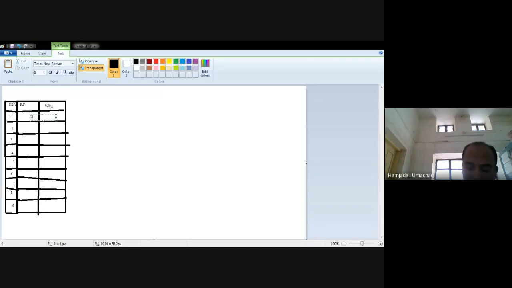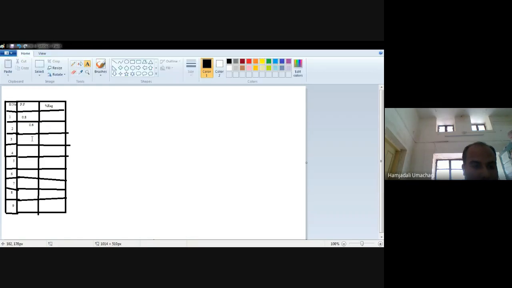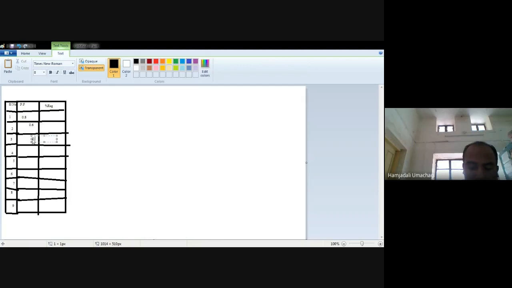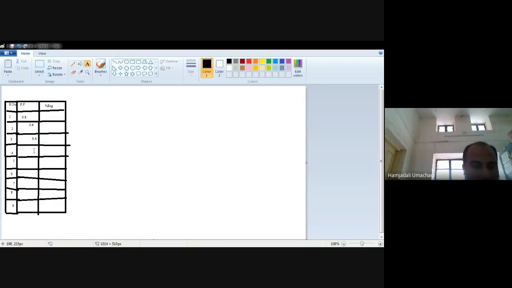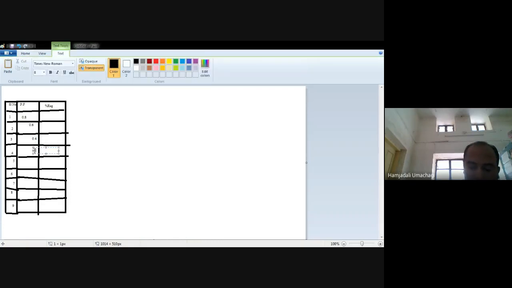And here the power factors given to you will be 0.8, and then 0.6, then 0.4, then 0.2. Then here cos phi will be one, that is UPF, unity power factor notation. Okay.